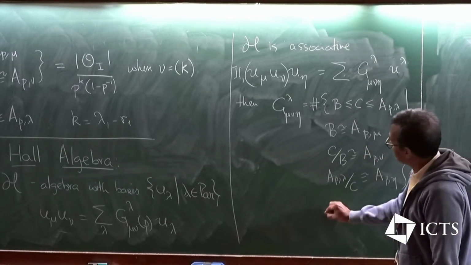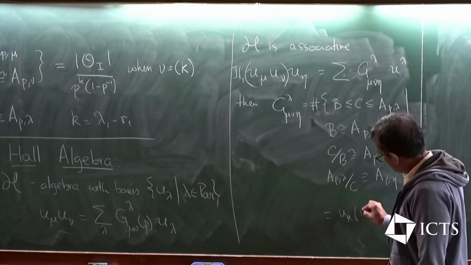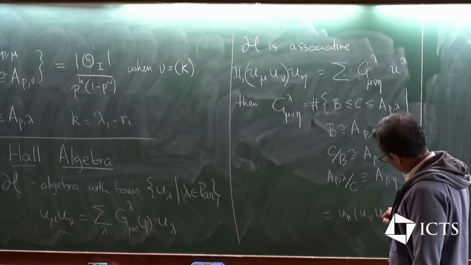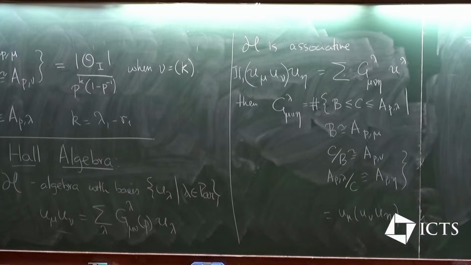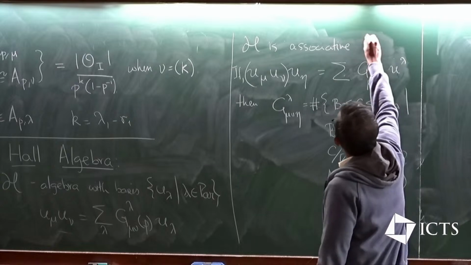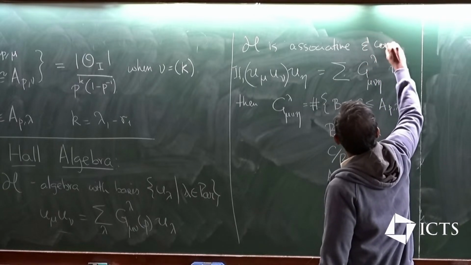And that is the same as U mu, U nu, U eta. So that's how you show associativity. More interesting is that this algebra is also commutative.